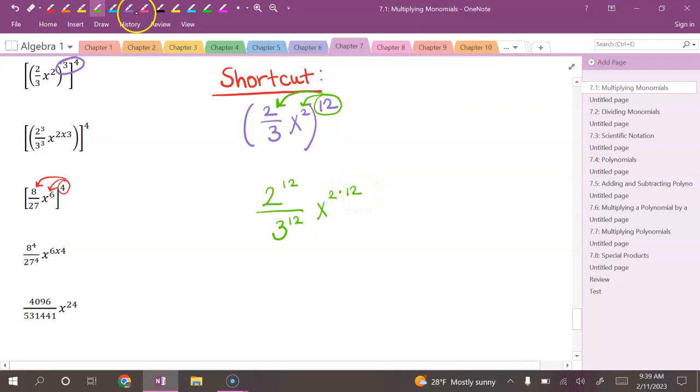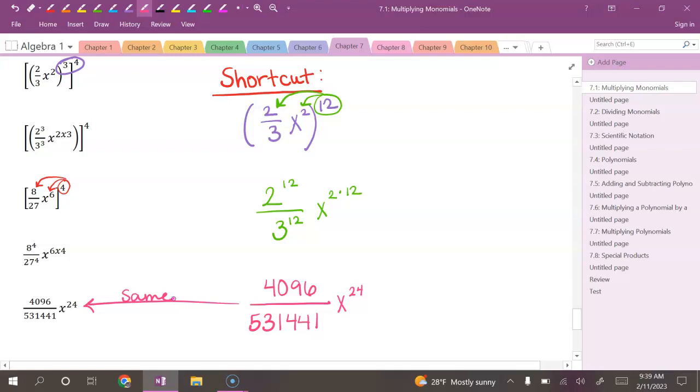And when you do this, 2 to the 12th power still comes out to be 4,096. 3 to the 12th power still comes out to be that 531,441. And then x is raised to the 24th. So we get the same answer that we got over here, just using a little bit fewer steps.